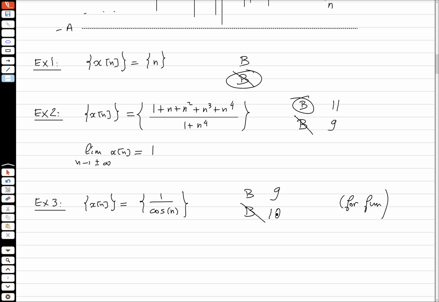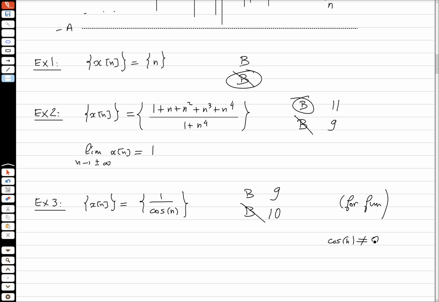All right, so when you invert something, the issue is that when this value is 0, right? Can cosine of n be equal to 0? No.